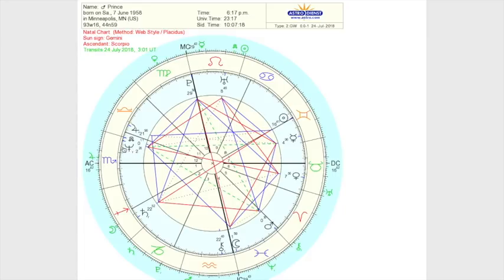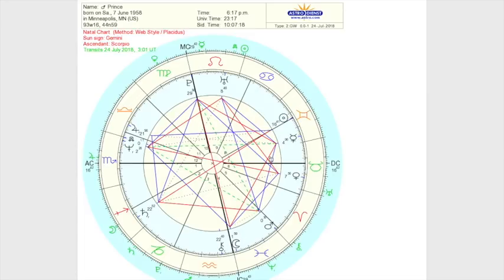We look more so to Neptune because it's an outer planet. That means it's one of the furthest away from planet Earth and away from the sun. So therefore, wherever Neptune is at, we've got to look a little bit deeper into it. It's not something that you see in somebody's personality really boldly, as you would see the planets that are closer to planet Earth, like Sun, Mercury, Venus, Mars, Moon.